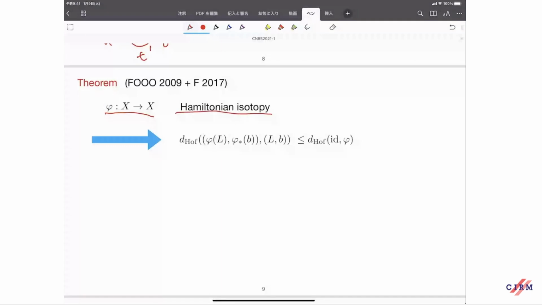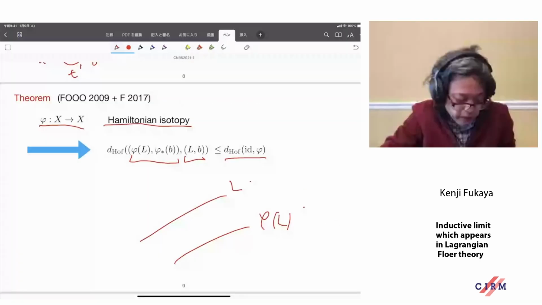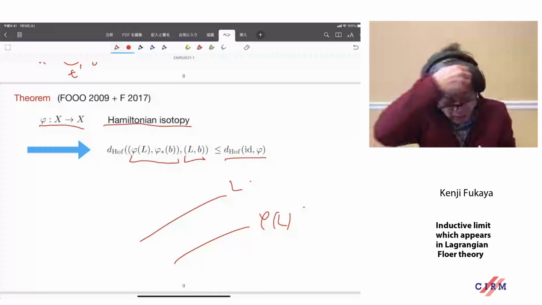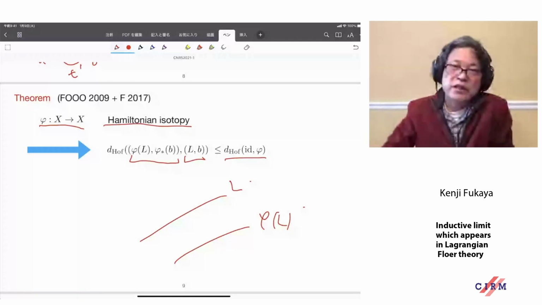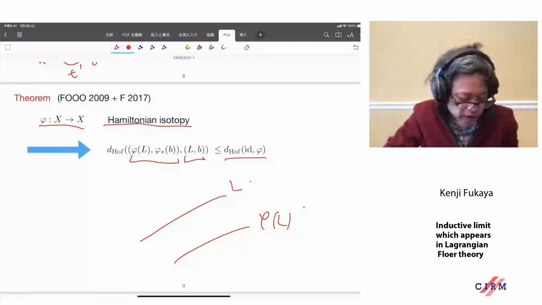And you consider two objects: one is a Lagrangian submanifold L, and the other is phi of L. The theorem says that the Hofer distance between these two objects is estimated by the Hofer distance of phi from the identity. Hofer defined this metric on the space of Hamiltonian isotopies, and this action of a Hamiltonian isotopy on the space of morphisms of Lagrangian submanifolds is continuous with this Hofer distance.